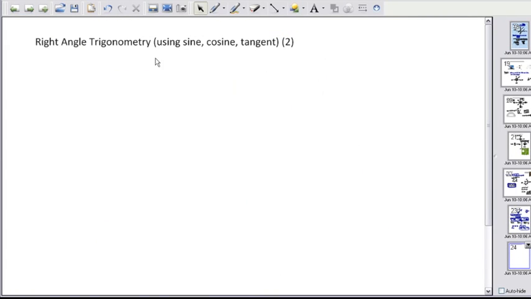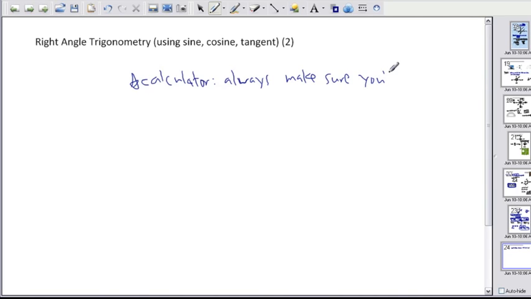Now I want to show you this one here. If we want to do a real example, it really helps to be able to talk about what mode you should be on your calculator. This is an important thing to note: always make sure you're in degree mode.